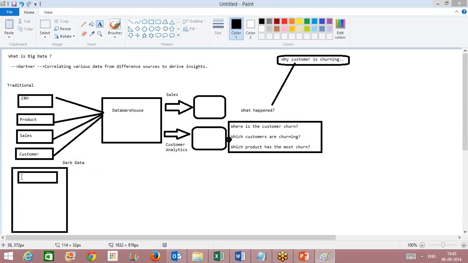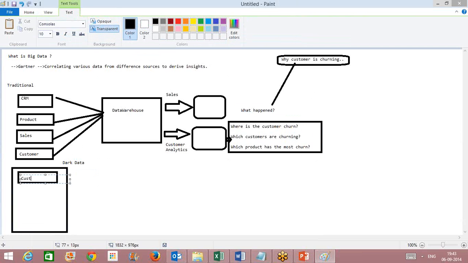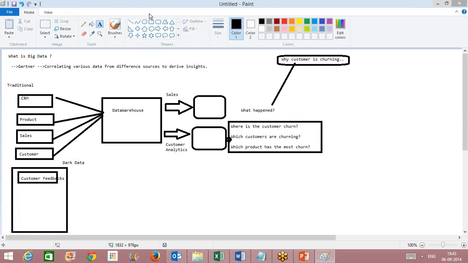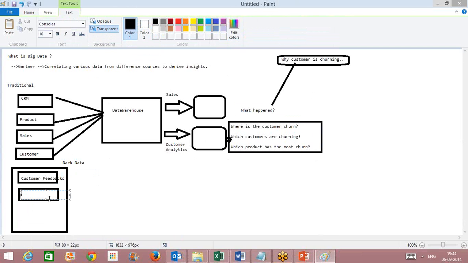So let's say this is a text file which is available where the customer is giving feedbacks. Then you are getting information from customer web logs, so basically customer interactions from the site.